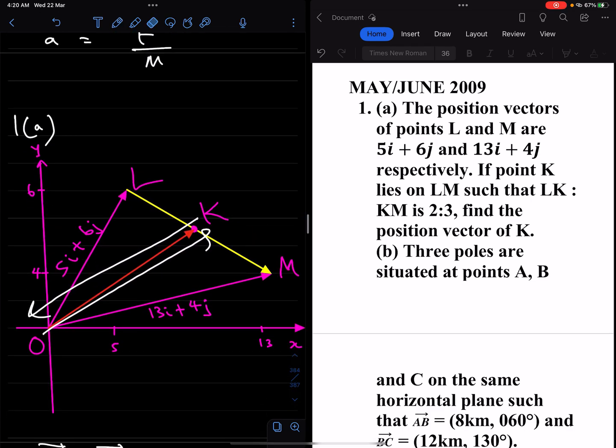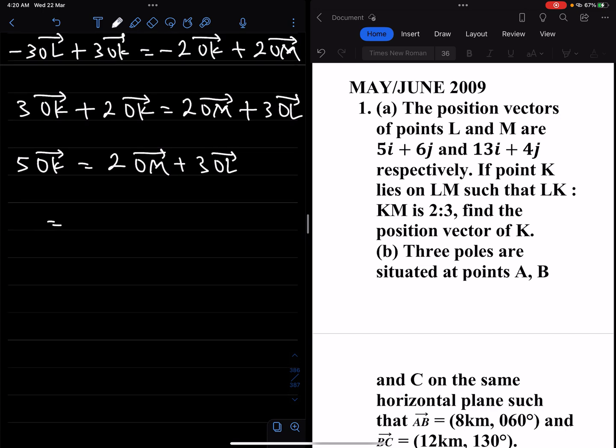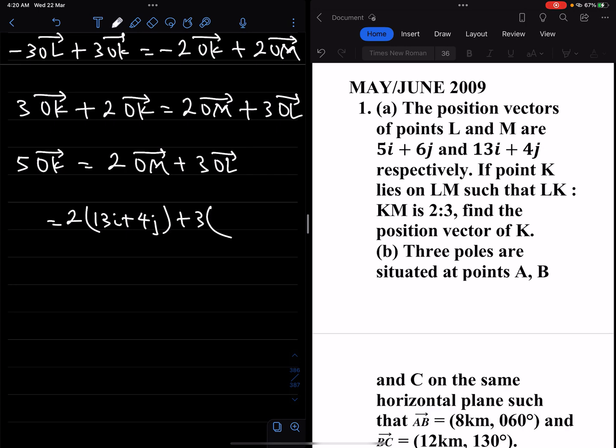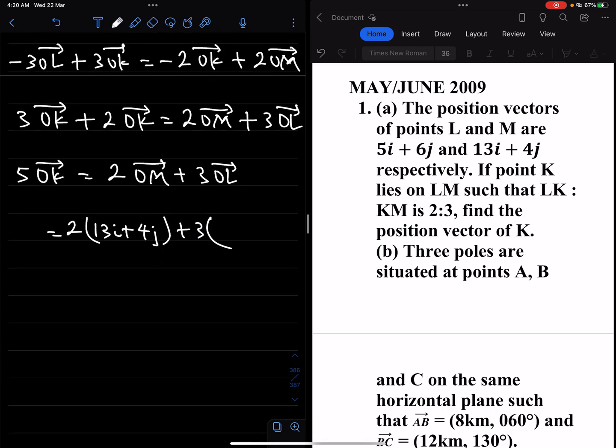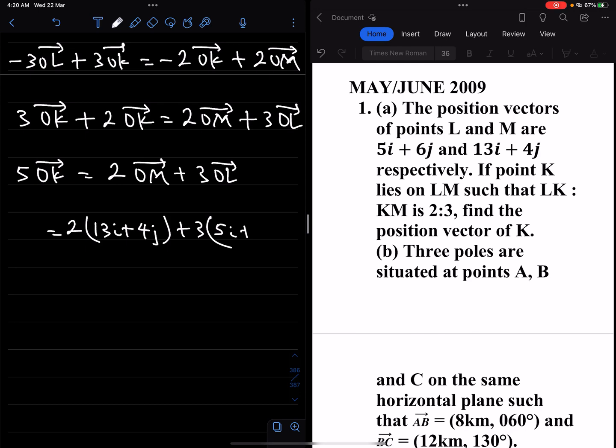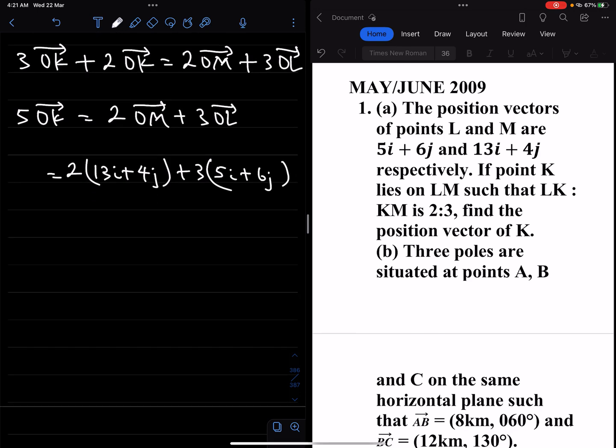We already know what the vector OM is. The vector OM is 13i plus 4j. So that simply means 2 into bracket 13i plus 4j plus 3 into bracket, what's the vector OL? The vector OL is 5i plus 6j. 3 into bracket 5i plus 6j, and that's equal to 26i plus 8j plus 15i plus 18j.